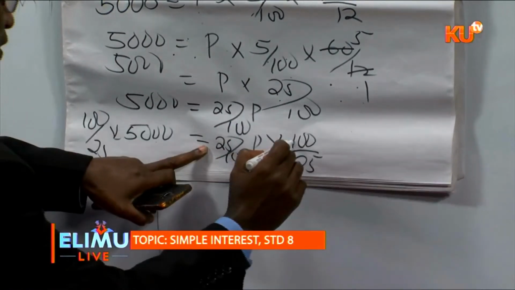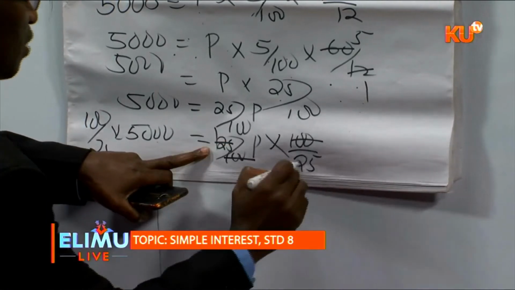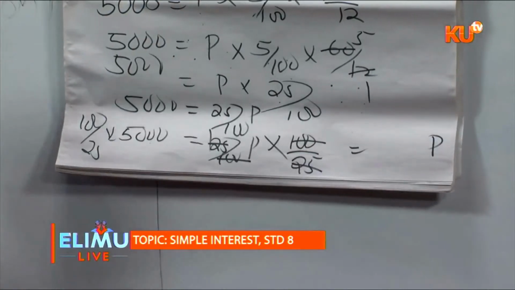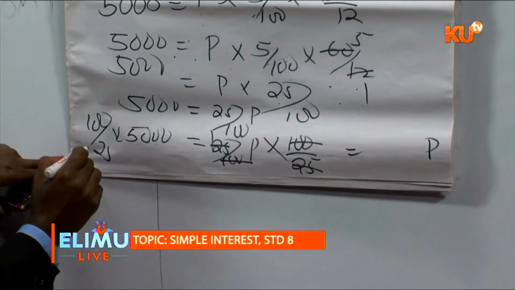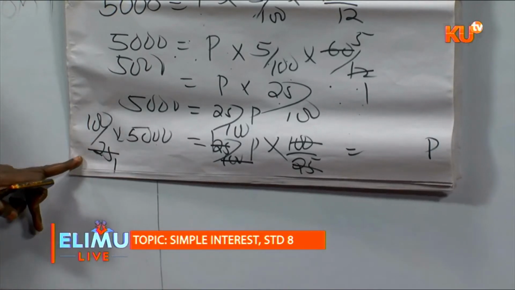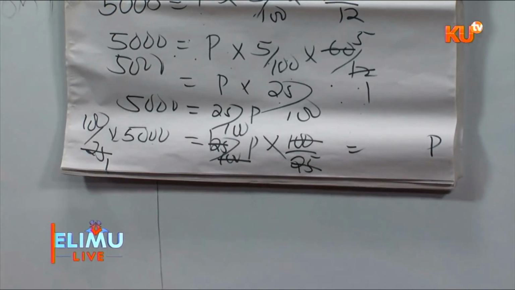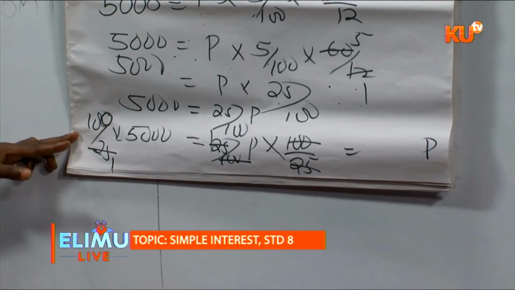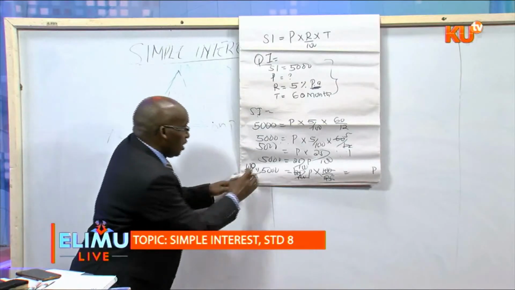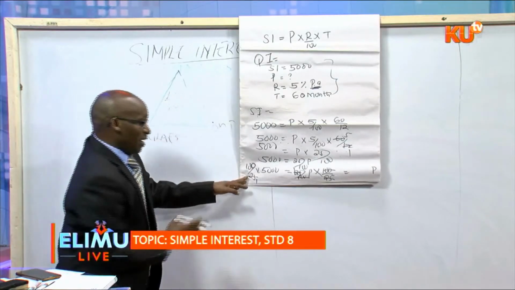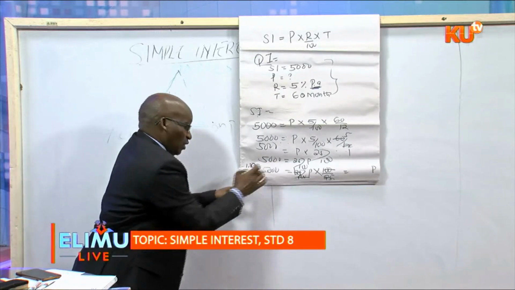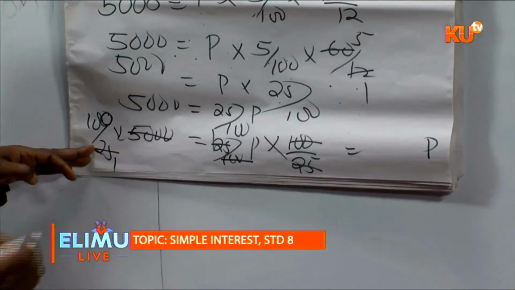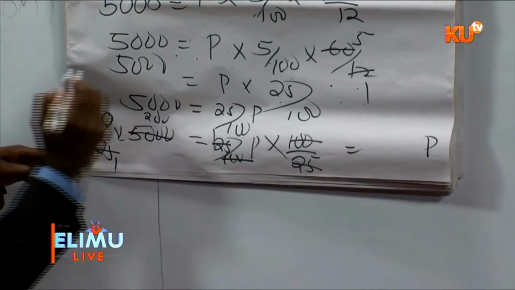So this will give you 100 goes with 100 by 25, 1 by 25, 1. We are left with P on one side. Then here, 25, 1, 25. Something else again here. I'm still having 100 here. Instead of multiplying or simplifying 25 by 1 and 25 by 4, I rather divide 5,000 by 25, because 25 will go 200 times.